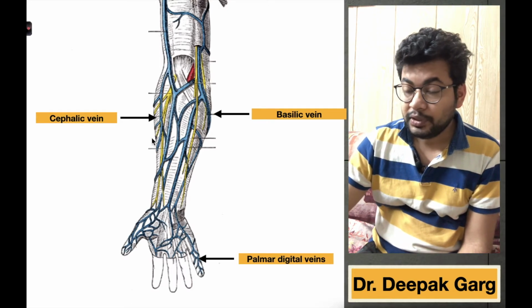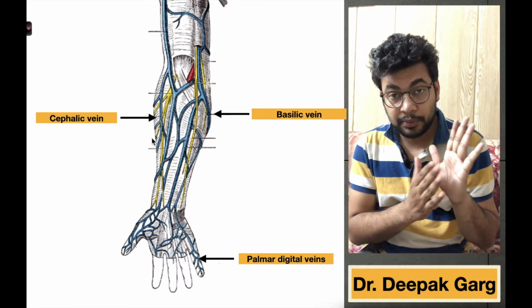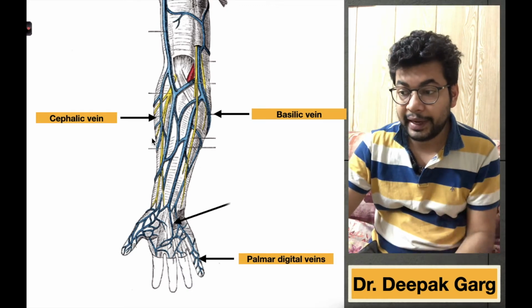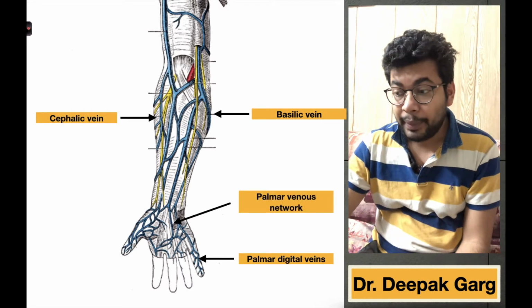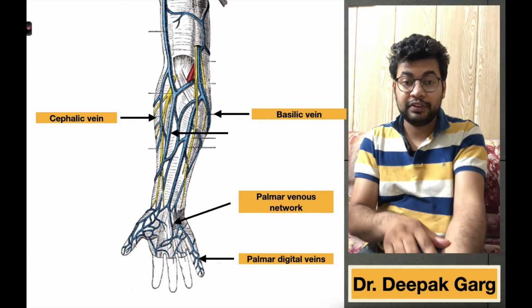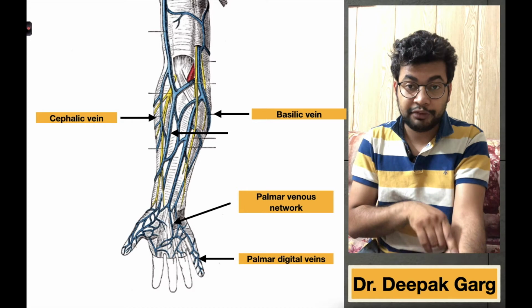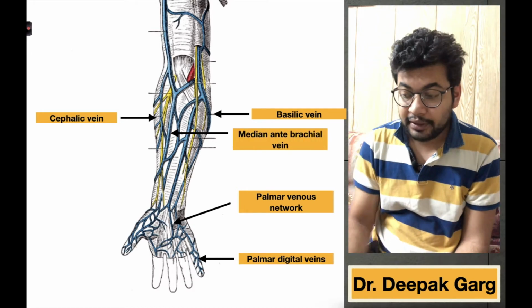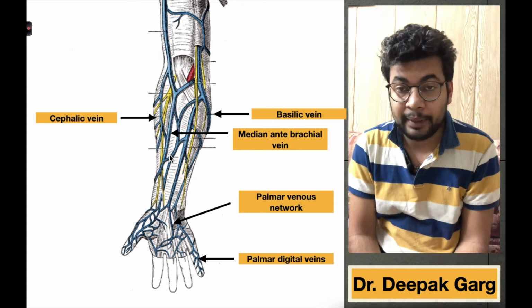When we talk about the anterior aspect of the palm, it is mainly drained by the venous network called the palmar venous network. They are drained by the network of veins anteriorly in the forearm, mainly by the median antebrachial vein. We can see here there may be many anatomical variations in this.